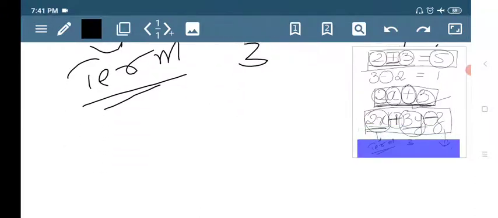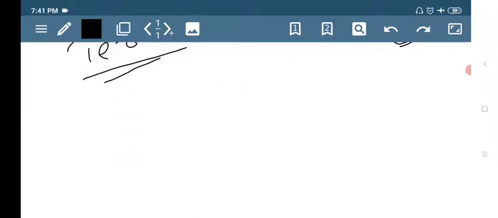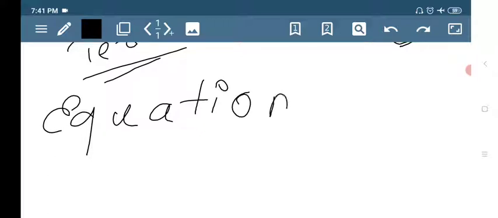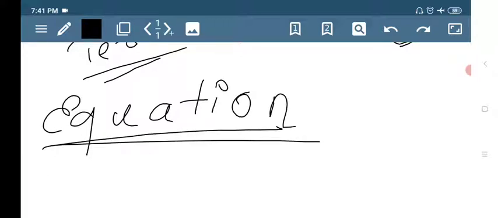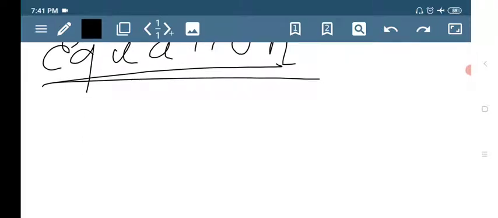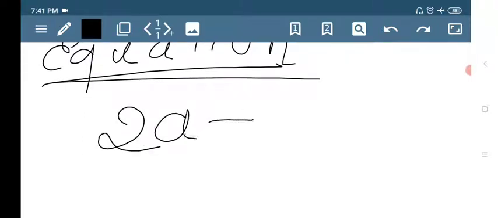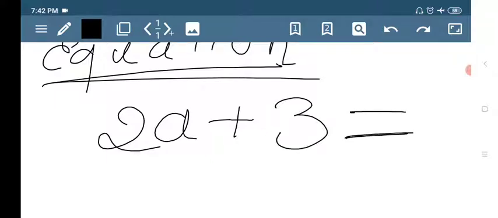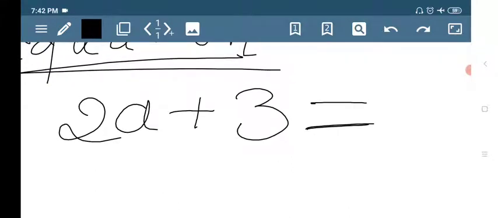So now, what is the difference between just an expression and an equation? Any expression like 2a plus 3, when you have an equal to sign and anything after it, it might be a number, it might be 0, or it might be any other number, variable, constant, whatever it is.